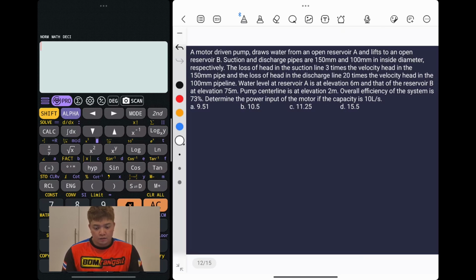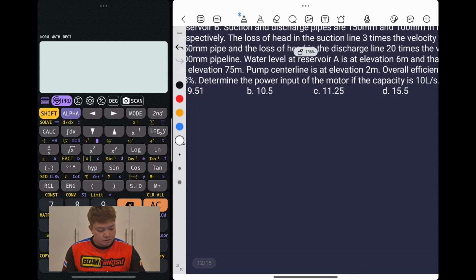Water level at reservoir A is at elevation 6 meters, and that of the reservoir B at elevation 75 meters. Pump's center line is at elevation 2 meters. Overall efficiency of the system is 73%. Determine the power input of the motor if the capacity is 10 liters per second.